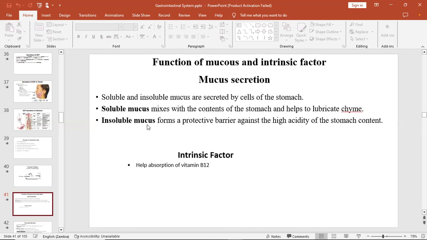So now the insoluble mucus forms a protective barrier against the high acidity of the stomach content, meaning it forms a protective barrier so that the acid does not injure the mucosal walls of the GIT. Also, intrinsic factor helps absorption of vitamin B12, which I also mentioned.